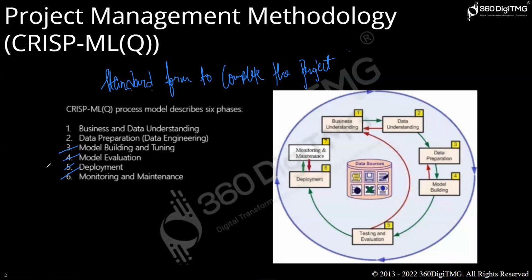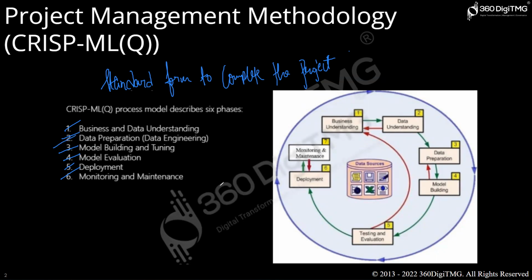What is this business and data understanding? We are going to collect the data and understand it before implementing it, and after that we are going to use data preparation.